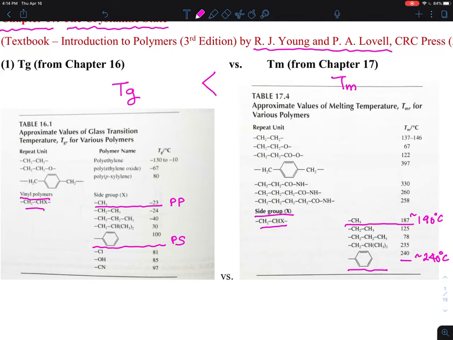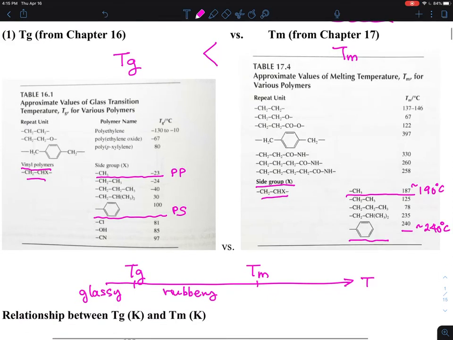That is because the polymer has to be softened. Okay, so if you have a Tg, right? This is one of the diagrams that you should keep in mind. If it is a semicrystalline polymer, it has a Tg and a Tm. As you heat, this is glassy, and this becomes rubbery. I'm talking about the amorphous phase of the semicrystalline polymer.